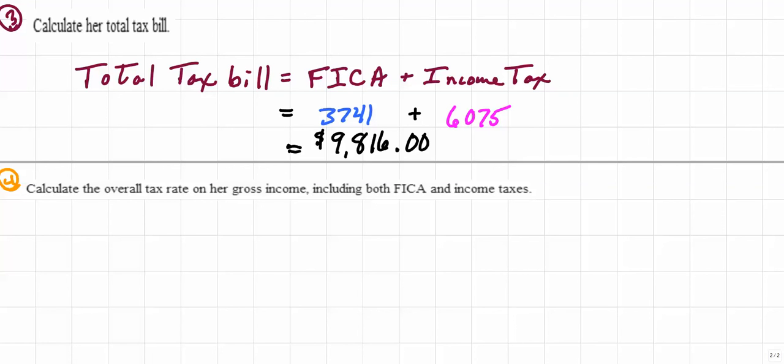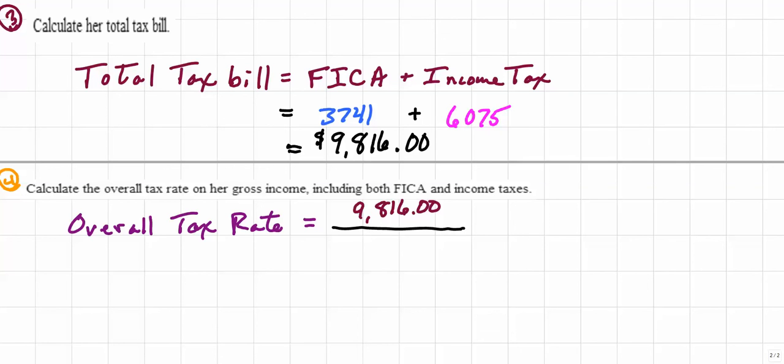In order to do this, we simply take the overall tax rate and set it equal to the following ratio, which is going to be the total tax, which we just calculated, of $9,816, and we're going to divide that by the total gross income, which we obtained from the problem, which is $48,900.